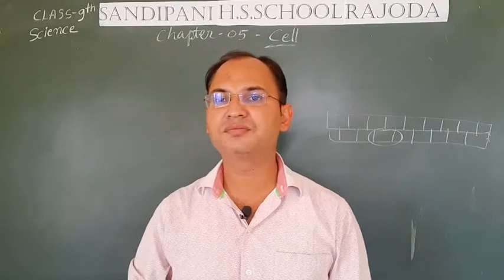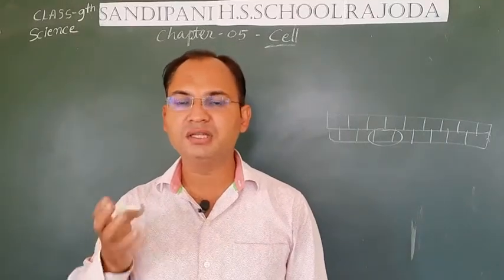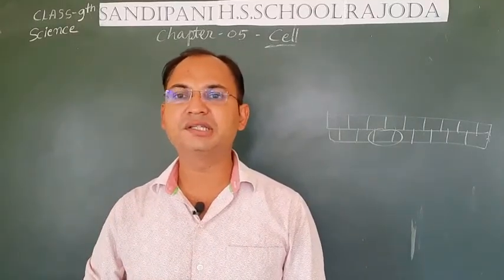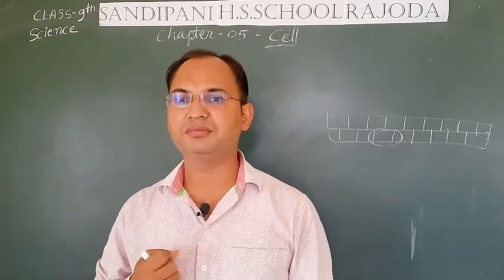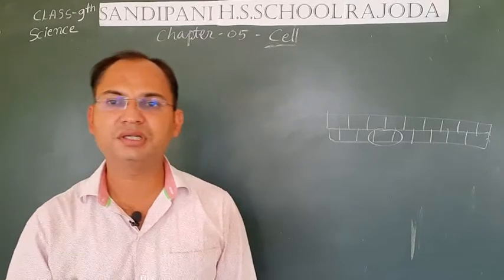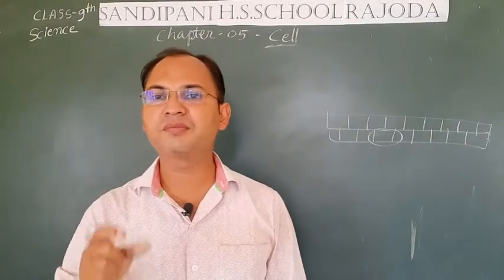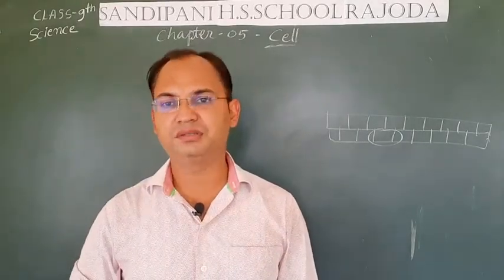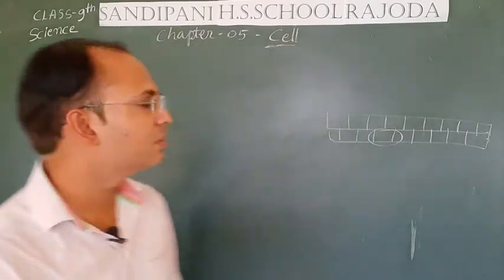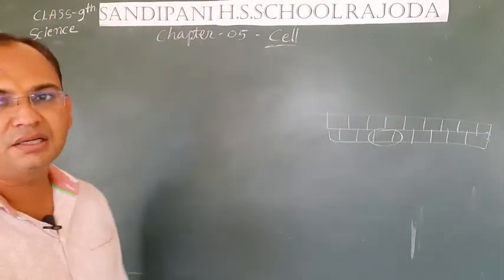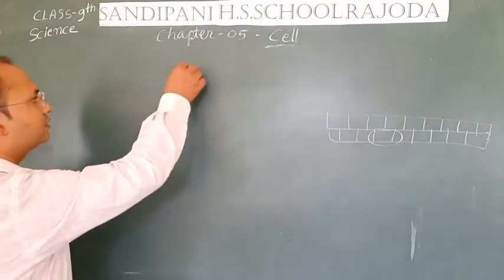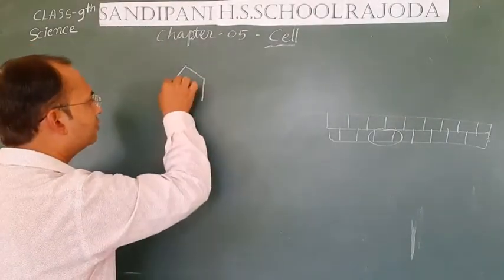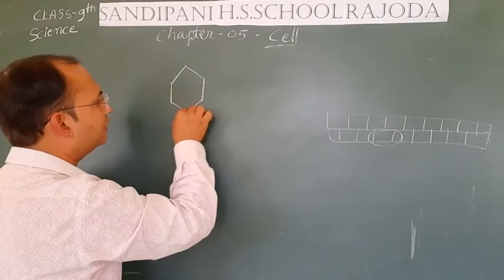First of all, a scientist named Robert Hooke in 1665 discovered the cell in cork. Cork is actually made up of the hard bark of the plant. So he observed it under a simple microscope and found a structure something like this. We call it a honeycomb-like structure.